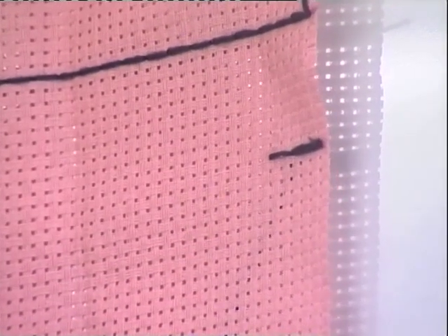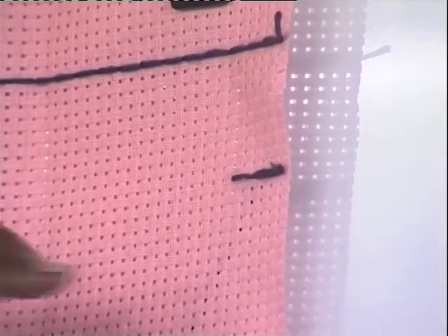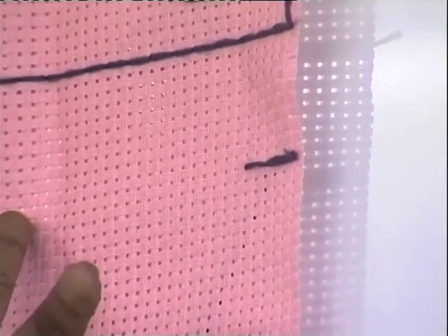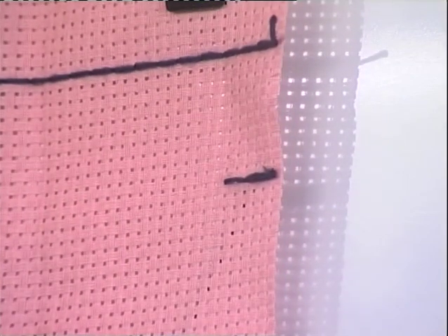Now, what does it say next? Okay, repeat step 2 to the end. Now, I am not going to go right to the end. I'll just come halfway here, and we finish with the last step. So, I am to repeat step 2.